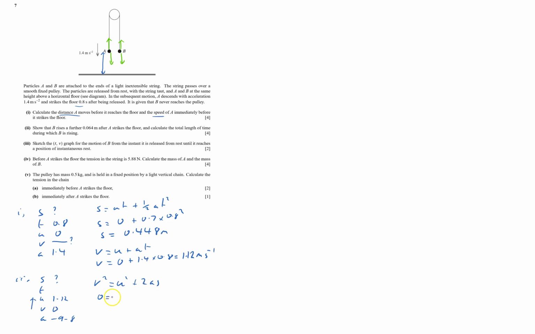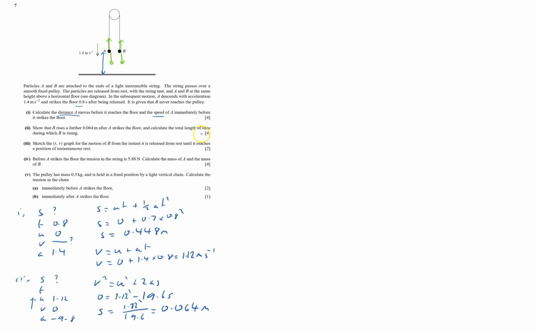So 0 squared equals 1.12 squared plus 2 times A, so it's minus 19.6, times S. So S will equal 1.12 squared divided by 19.6. So S will be 0.064 meters.